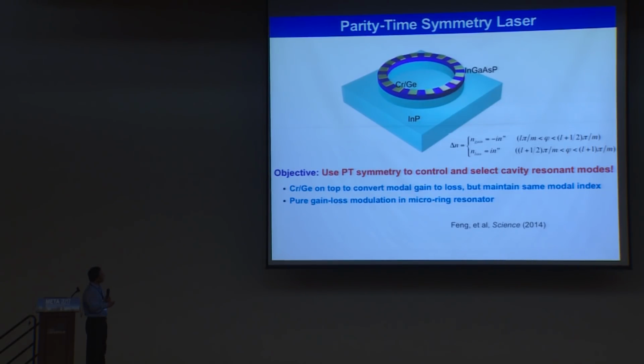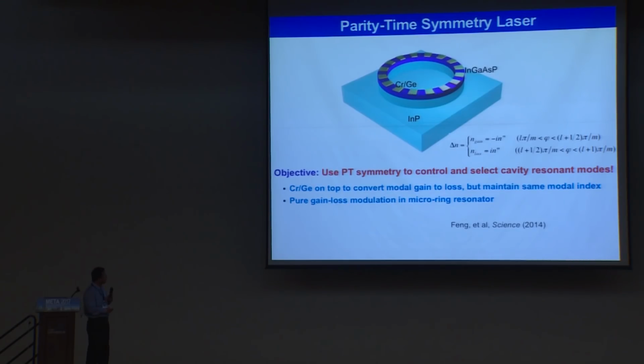And of course, we add germanium to compensate for the additionally introduced mode index change. We want to maintain the real part of the mode index the same everywhere along the circumference. However, we modulate the imaginary part here and there. They are opposite, one is a gain, one is a loss, and perfectly the same magnitude.